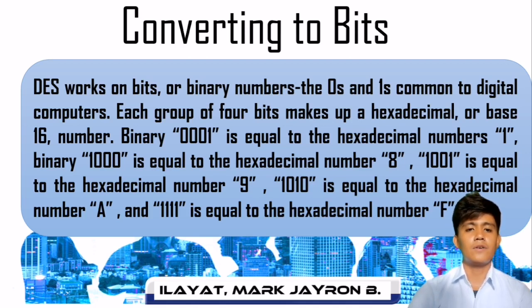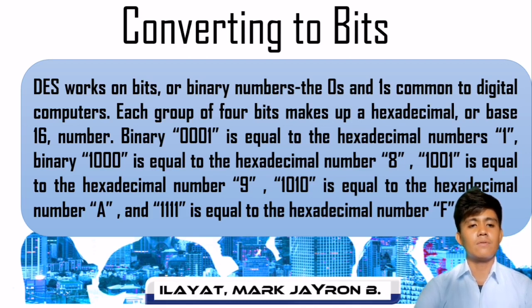Each group of 4 bits makes up a hexadecimal, or base 16, number. Binary 0001 is equal to the hexadecimal number 1. Binary 1000 is equal to the hexadecimal number 8, and 1001 is equal to the hexadecimal number 9.